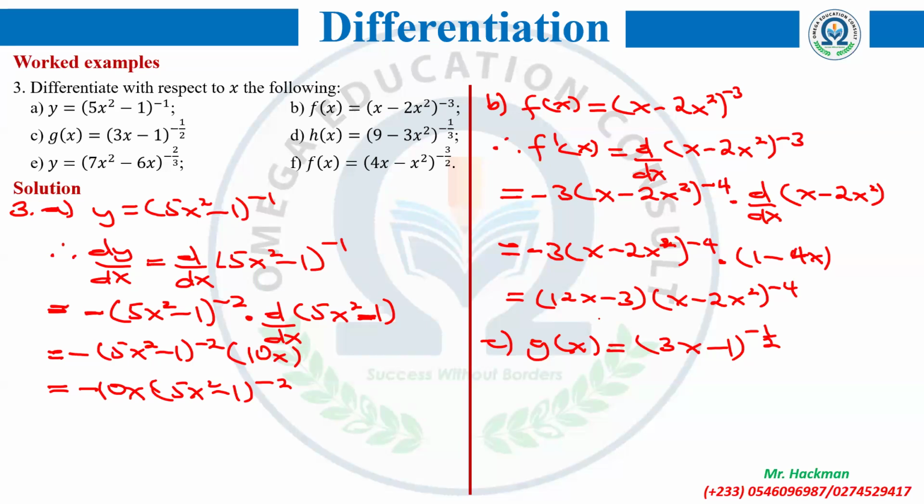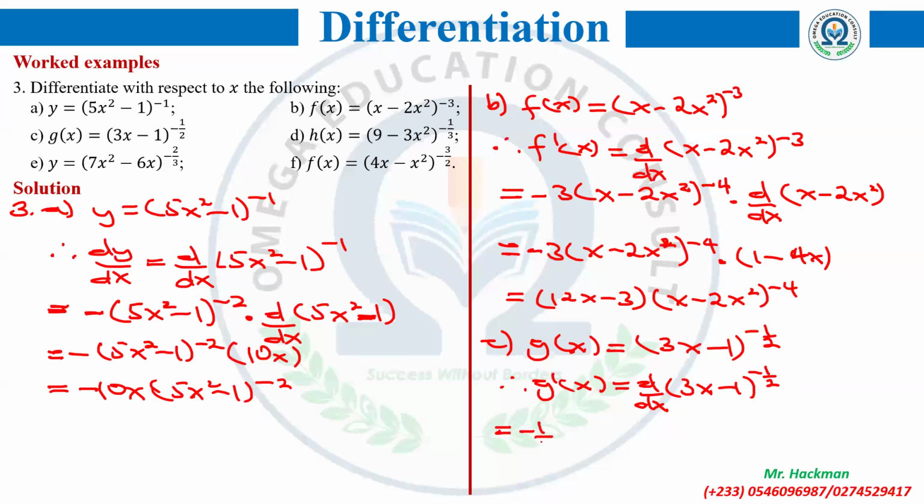So now what do we have? We are taking d/dx of both sides. So d/dx of g of x will give us g prime of x, which is equal to d/dx of the right side, 3x minus 1 all to the power minus half. The next step, bring the power down, so minus half down.